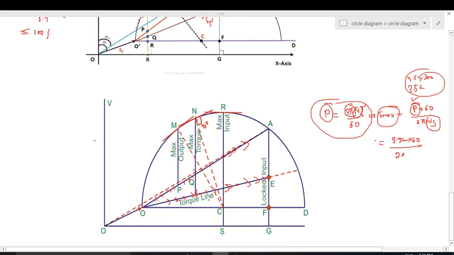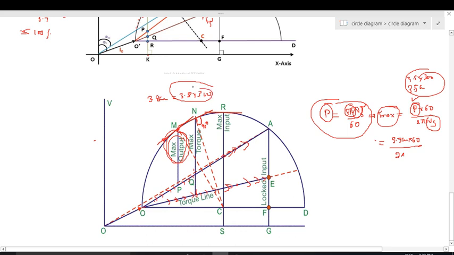Look at this one, this is M. This line is parallel to this one and touches the semicircle. And the distance from M to P indicates nothing but the maximum power output. For example, the distance is 3.8 centimeters. We can find 3.8 into 300. This is nothing but the maximum power output.